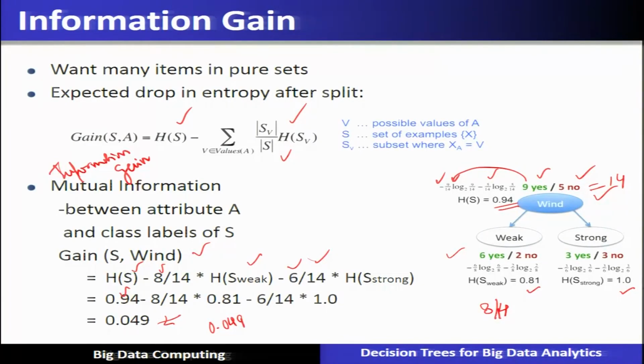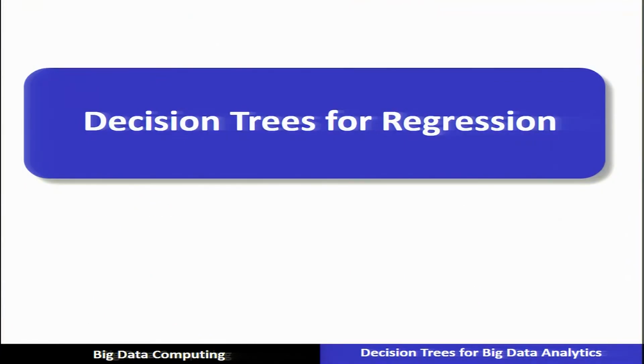So if we split, then the net gain will be the positive gain of 0.049. Hence, it is better to split. So this way, using information gain, the decision tree will make the decision whether to split or not.